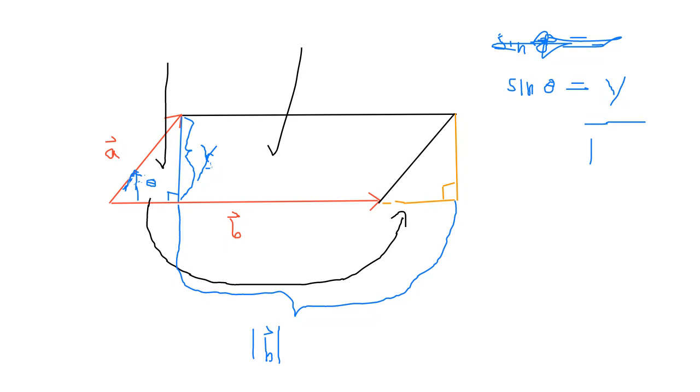The hypotenuse is just the length of the vector A. And so y would have to equal the magnitude of the vector A times the sine of theta.